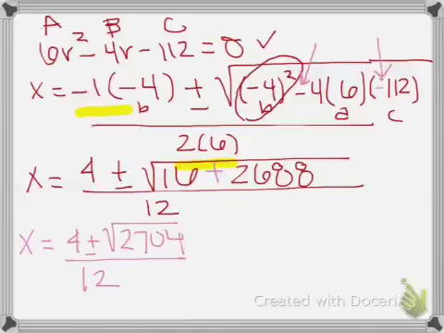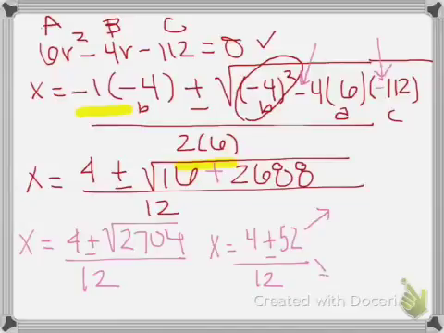With 2704, you're going to go in your calculator and see if it has a square root. It does. It's 52. So what you do is you rewrite your x equals as 4 plus or minus 52 over 12.